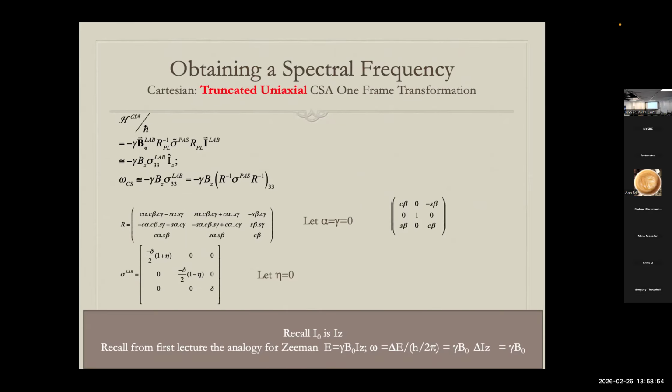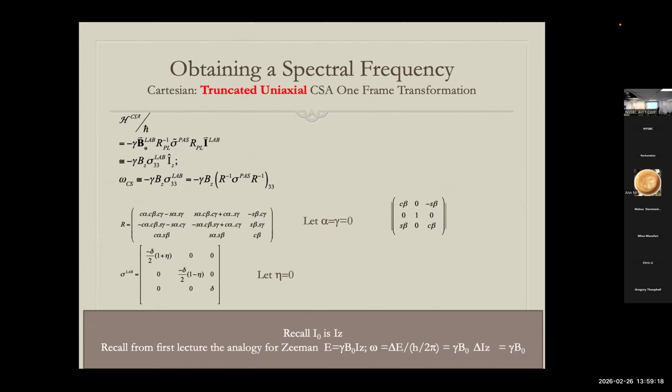Back in Cartesian, if you remember from a week ago, we worked through the matrix for Euler angles alpha, beta, and gamma, and we got this. But we're going to let alpha and gamma be 0 because it's just a Y rotation, and so that turns out to be a rotation around Y through an angle beta.